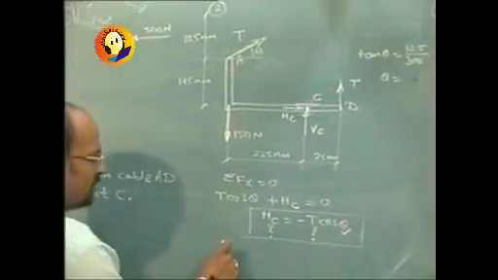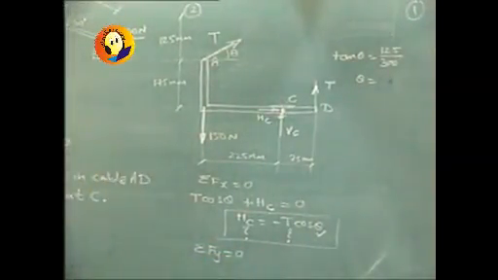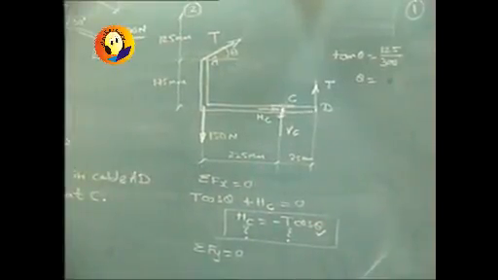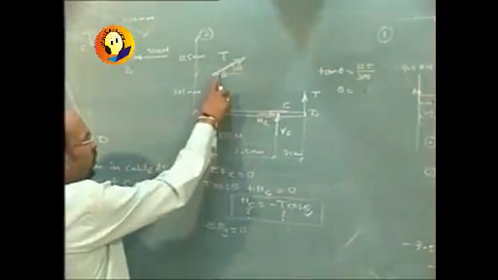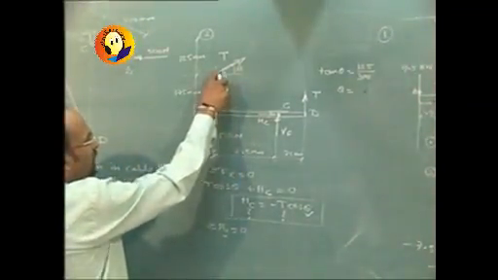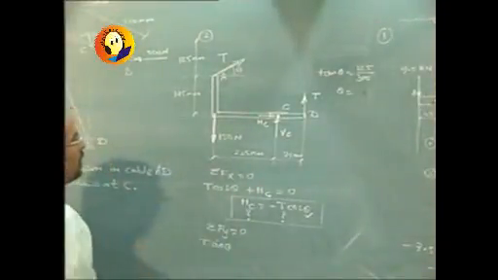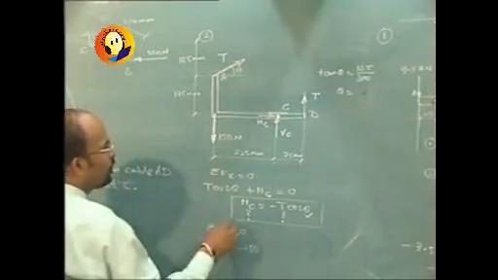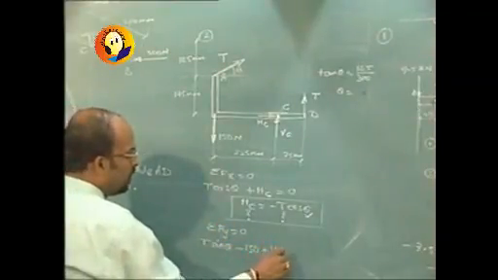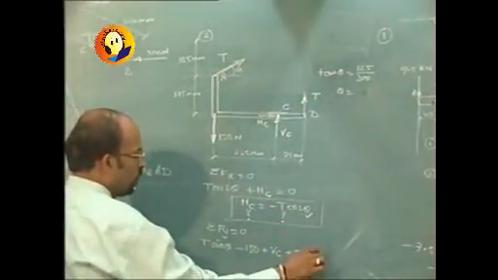Second equation will be sigma Fy is equal to 0. And then vertical forces. So at this point you have T sin theta, upward force, then minus 150 newtons downward, plus Vc, which is upward, and plus T is equal to 0.